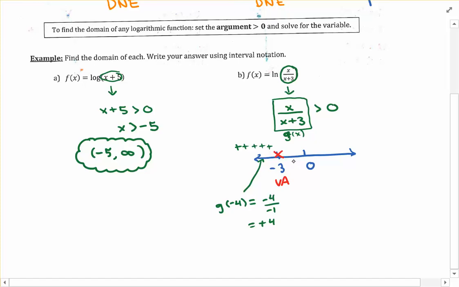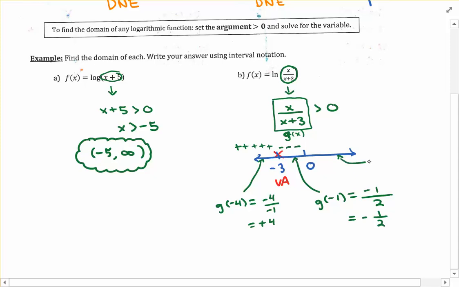If you want to pick a value between -3 and 0, say -1, do g of -1, that would give us -1 on top of -1 plus 3 is positive 2. So that gives us a negative output of -1/2. So according to our theory of inequalities, any x value between -3 and 0 is going to make the expression x over x plus 3 negative.